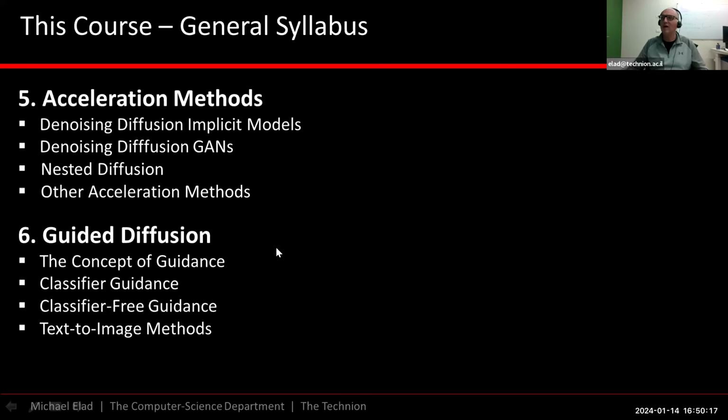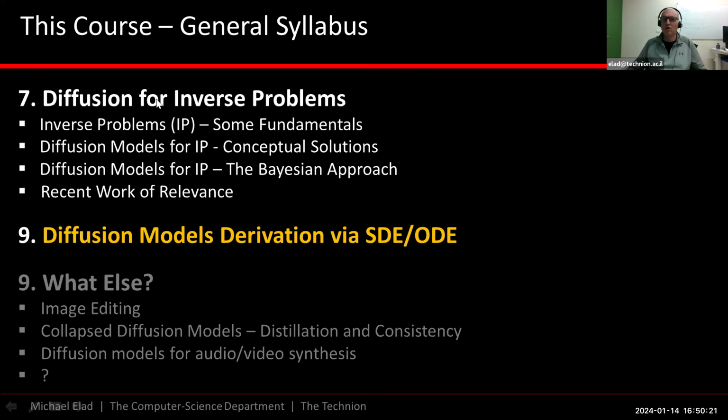We'll talk about how to actually navigate the diffusion towards our goals, and then talk about inverse problems and how to solve inverse problems with diffusion. Here I will be talking about the revolution that took place that I mentioned. Noam will talk about deriving diffusion models from SDE and ODE. And with this, we will end the course. These topics I'm not going to cover, or at least this is the general plan as of now.